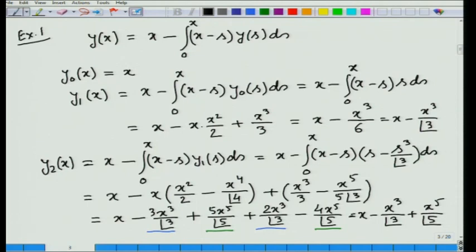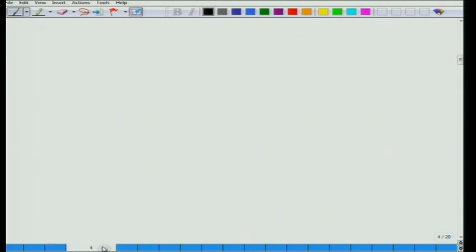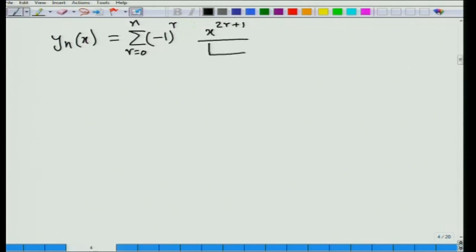So, now look at the expressions: y0 x equal to x, y1 x equal to x minus x cube by factorial 3, y2 x is x minus x cube by factorial 3 plus x to the power 5 by factorial 5. So, now we can write the general term for this iteration, that is y n x, equal to sigma r running from 0 to n minus 1, minus 1 whole to the power r times x to the power 2r plus 1 divided by factorial 2r plus 1.